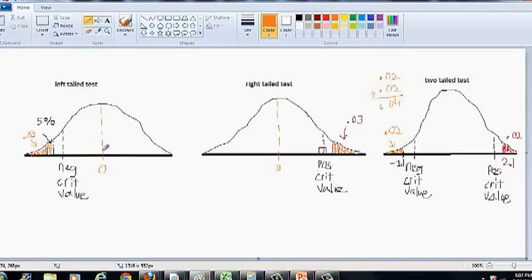Because if the null hypothesis really is true, then the curve peaks at 0. This is really a hypothetical curve that you're using to do the test, where the null really is true and it peaks at 0.